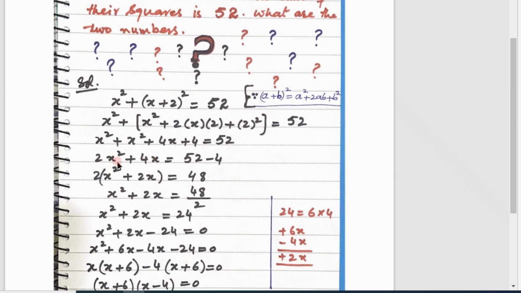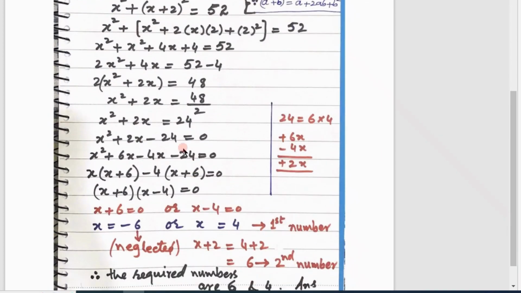Now I will take 2 common, because it's very obvious that 2 is common here. We are doing simplification, so we will take 2 common from these two terms, and what is left inside is x square plus 2x, because 4 can be divided by this common 2. So we are left with 2x here, is equal to 48.